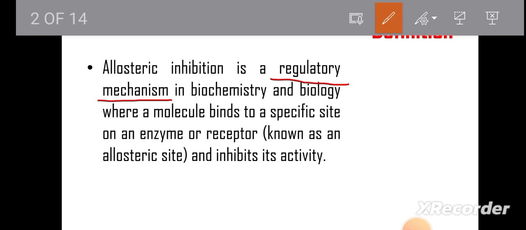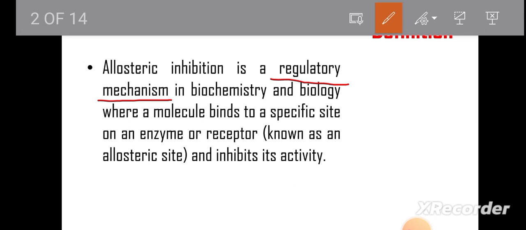Allosteric inhibition is a regulatory mechanism which regulates the activity of enzymes. We should know about it because the activity of the enzyme should be regulated during the biochemical process. Otherwise, the end product will not be suitable for further production of other metabolites, right?